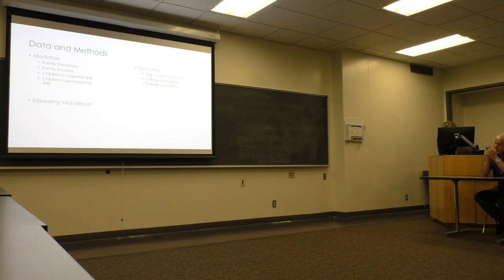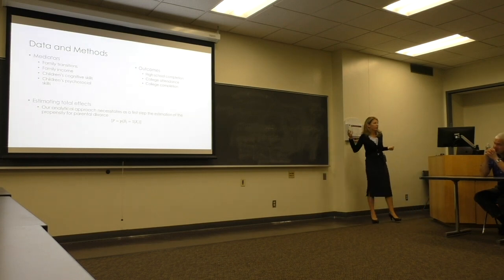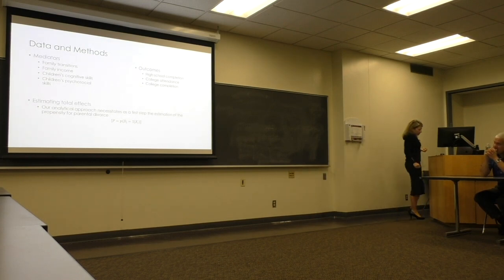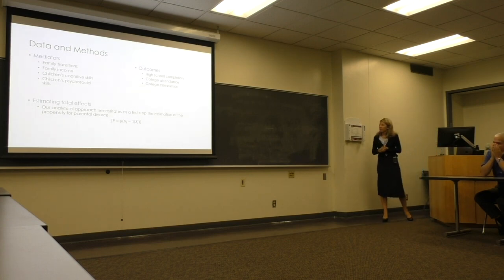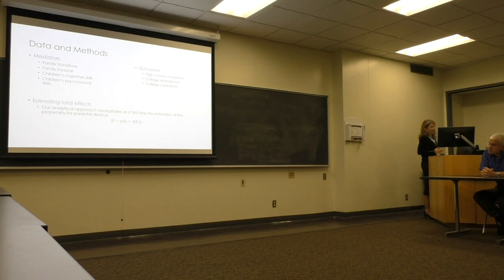And then estimating total effects. The analytical approach necessitates as a first step the construction of the propensity score. So we examine the set of factors and how they influence selection into parental divorce. Surprisingly, in my read of a lot of the literature on parental divorce, there's not a lot of these models actually presented that show the covariates and how they impact parental divorce, to get a sense of how well you're doing in terms of adjusting for these factors.